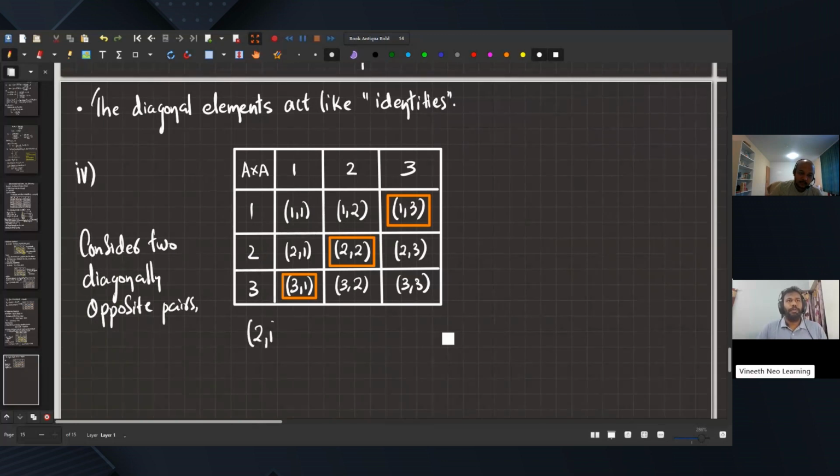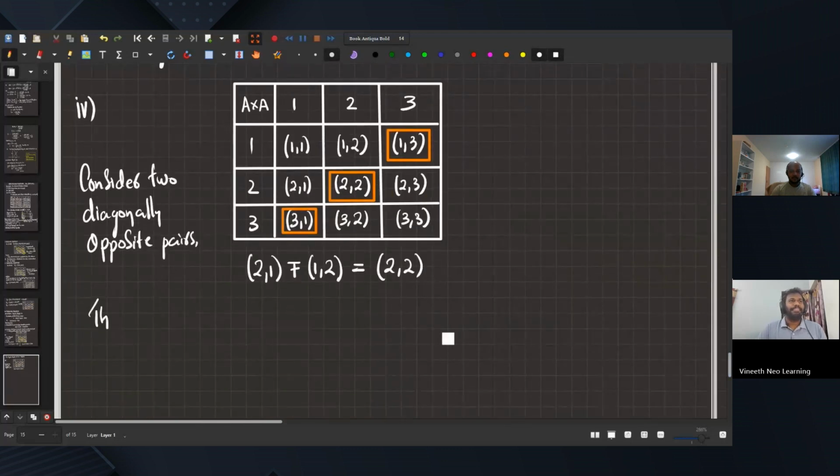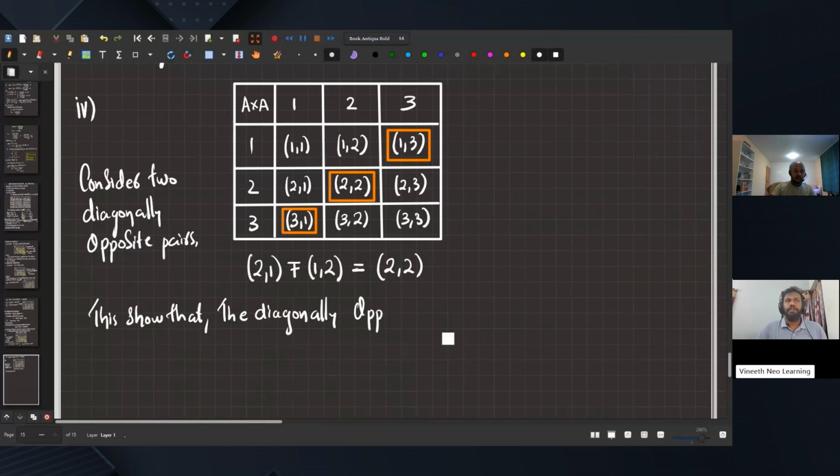When (2, 1) is multiplied with (1, 2), we get (2, 2), which is the identity. This shows that the diagonally opposite pairs are inverses of each other.